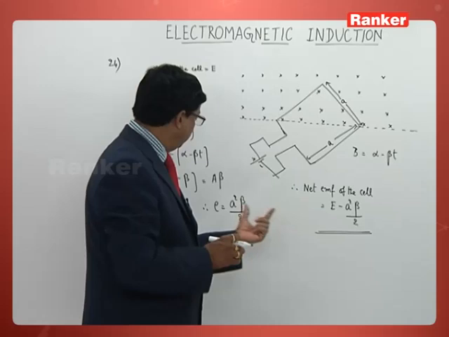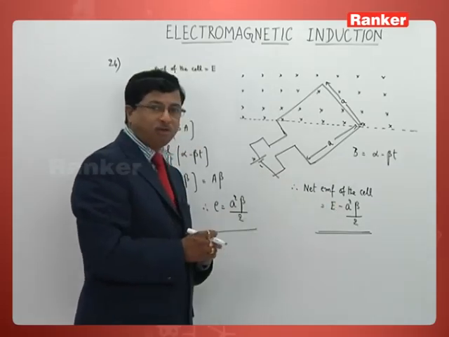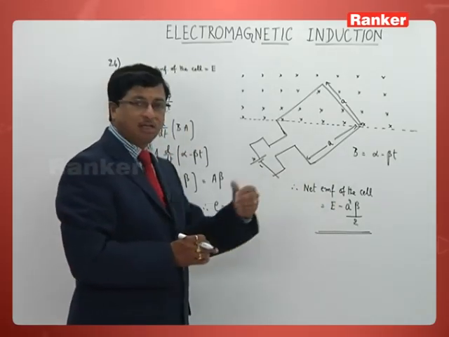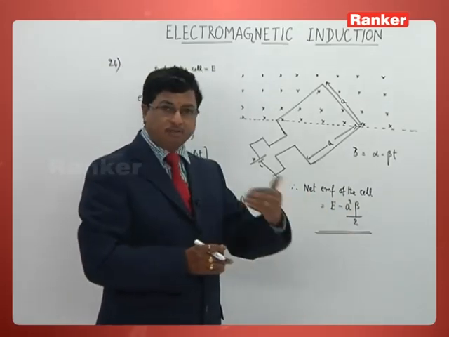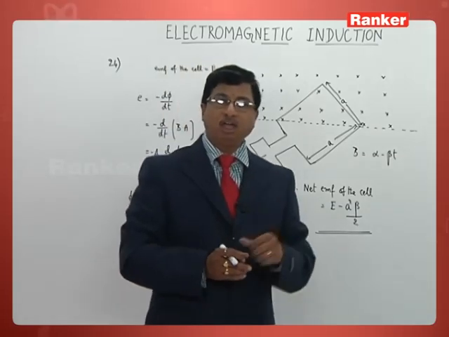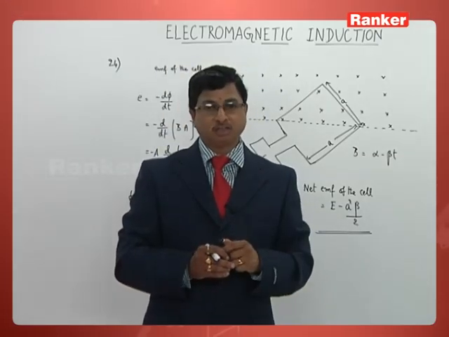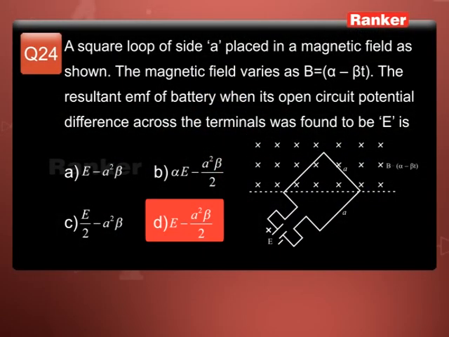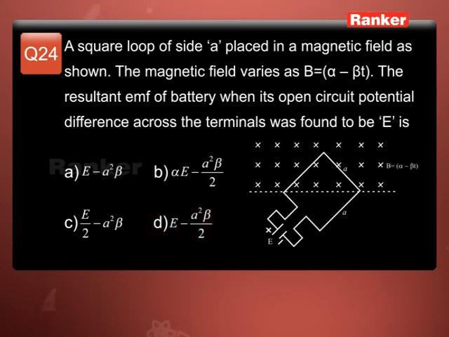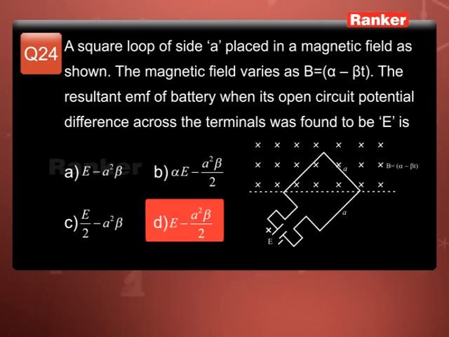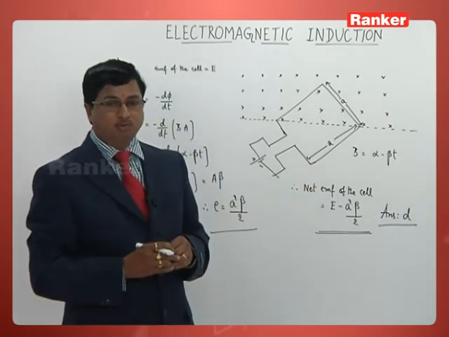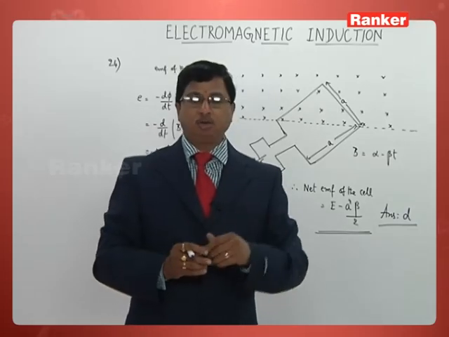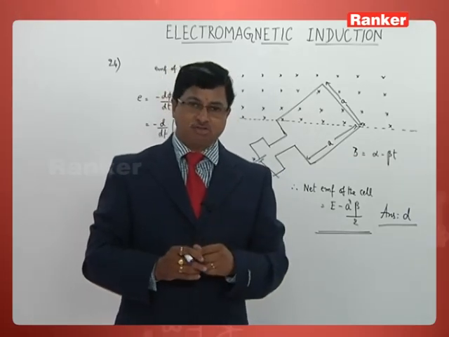We have calculated that. So the effective value now is E minus A square beta by 2, which is the resultant or net EMF across the cell. That is what he is asking us. So the correct answer for this problem is D. The fourth option coincides with the calculated value. So for the 24th problem, the correct option is D.